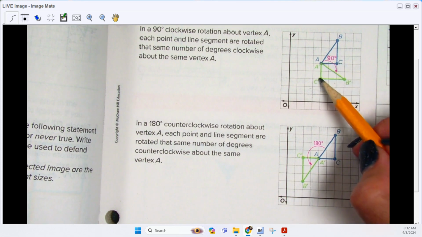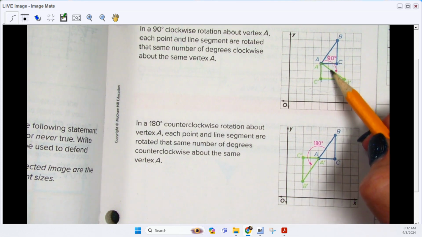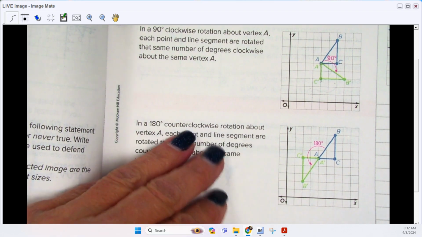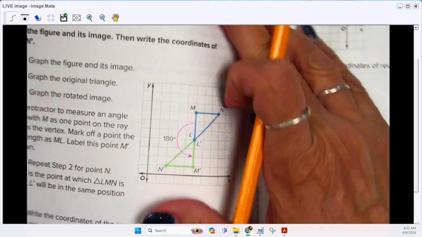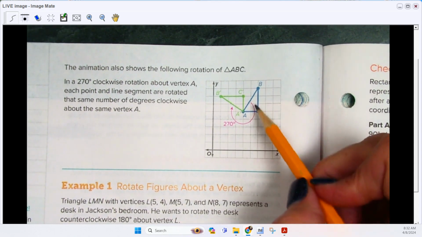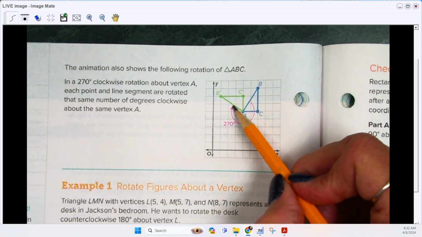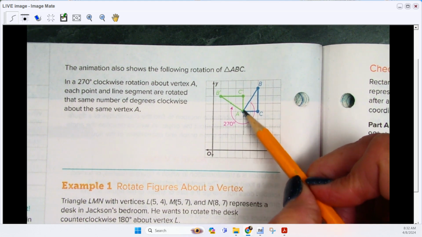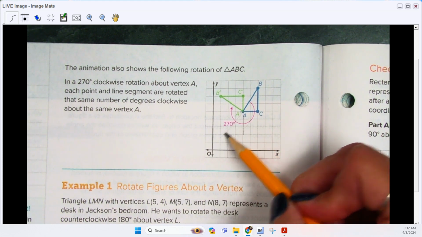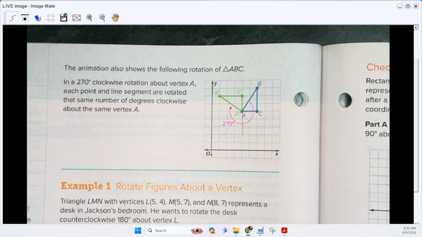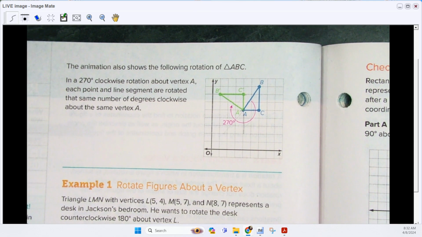From this line to this line, it's 90 degrees. Then over here, this is 270 degrees. This was 90 degrees, this was 180, so this is another 90 degrees and it got you to 270 degrees.